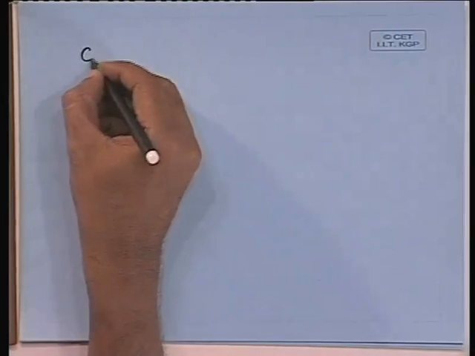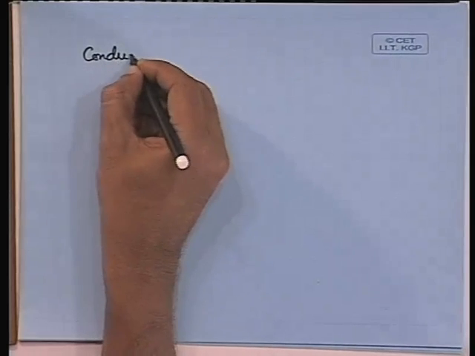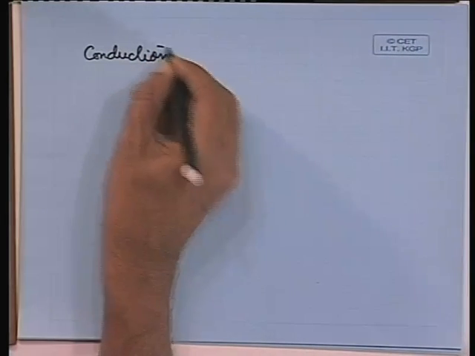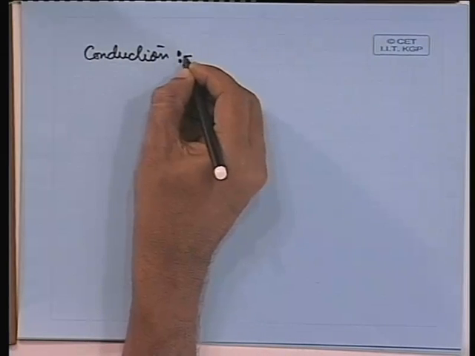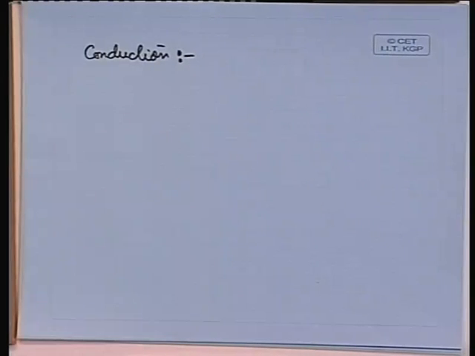Now, if we think of conduction, conduction is the mode of heat transfer where the thermal energy is transported from one molecule to the neighboring molecule without much bodily movement of the molecule itself.